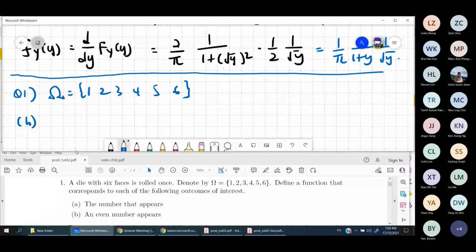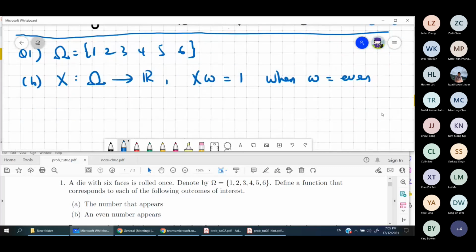So what we want to know is, it is sort of like X defined on here. X is a function defined on this. We are interested in even numbers here, so we just say X of omega is 1 when omega is even.